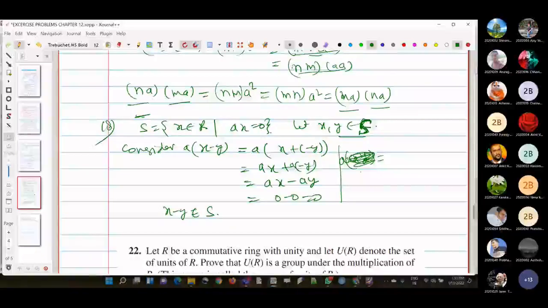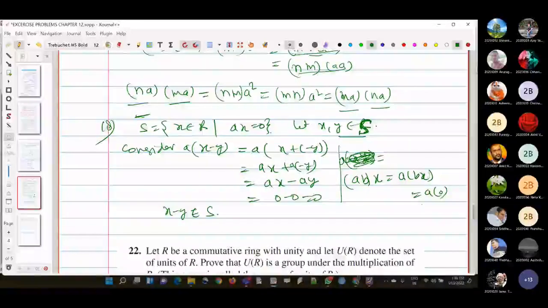Let us write a, then b times x, like this: a times bx, and bx is 0.